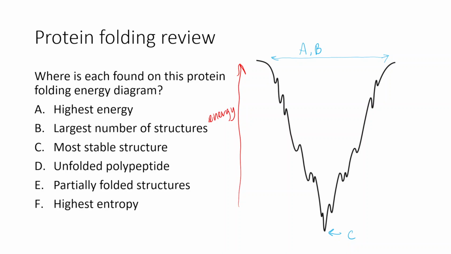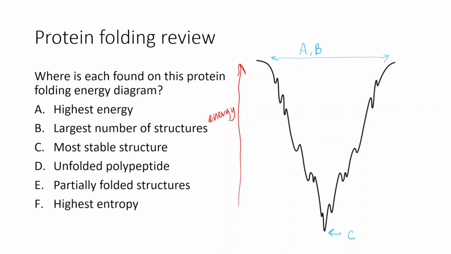So what we're getting at with the protein folding diagram is protein folding as a whole. When you're looking at a diagram like this and talking about structures, you're talking about potential fully folded protein structures, or potential structures for that protein to take on, whatever shape that is, as a whole protein, as opposed to the individual parts of the protein that might take on different secondary structures.